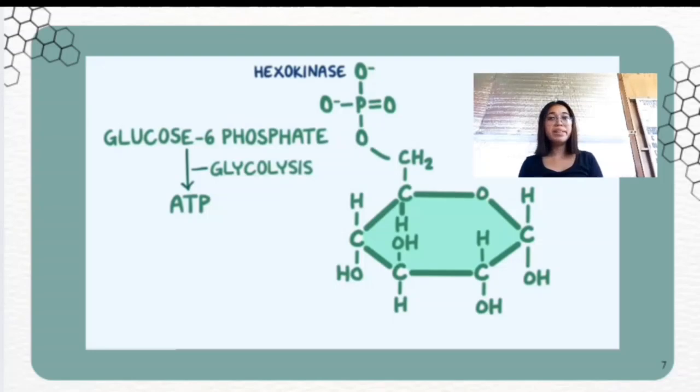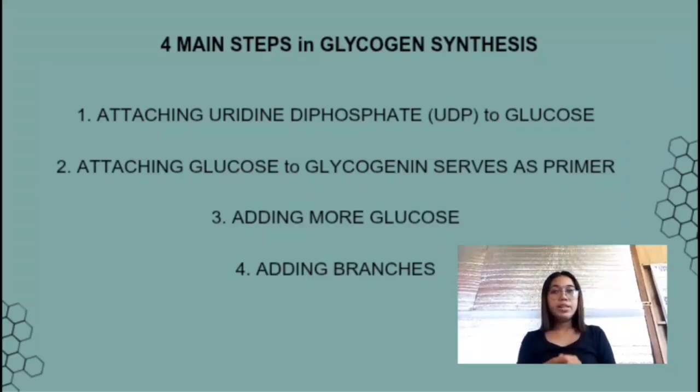When that happens, the extra glucose 6-phosphate can be used to make glycogen, which usually takes place in the liver cells and muscle cells. There are 4 main steps in glycogen synthesis. First step is attaching uridine diphosphate or UDP to glucose.